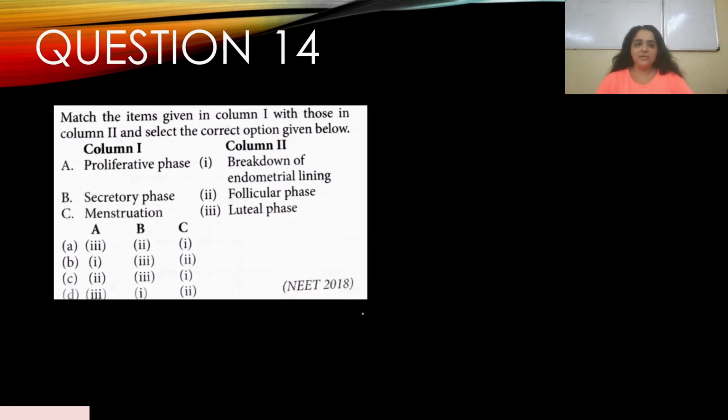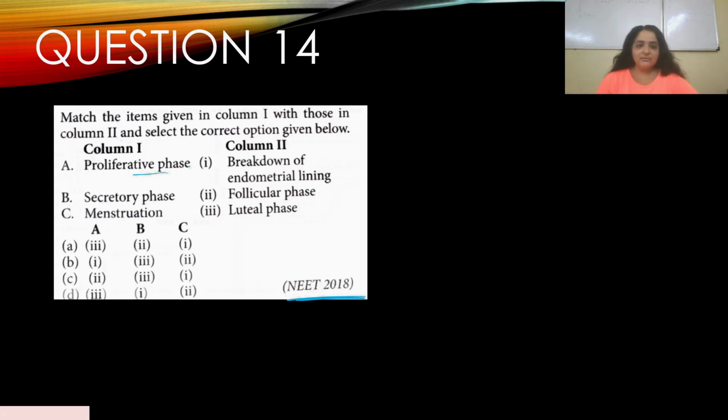Question number 14. Match the items given in column 1 with those in column 2 and select the correct option given below. It appeared in NEET 2018. Column 1 has A, proliferative phase, B, secretory phase, and C, menstruation. And then you have column 2. So let's match.